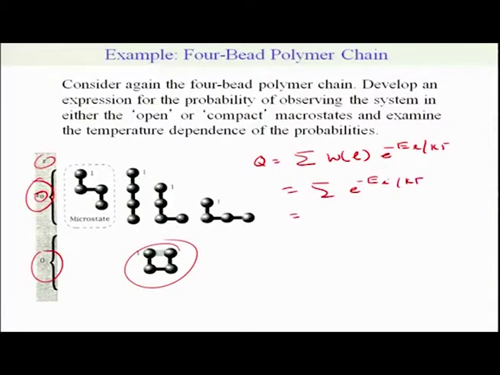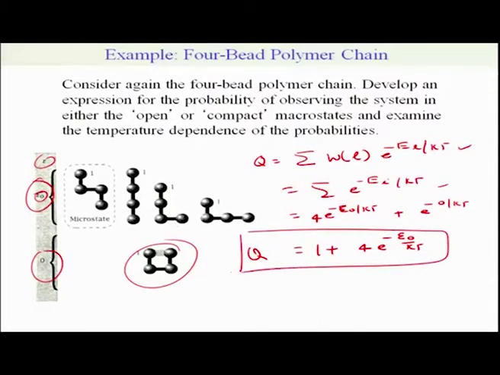So, here it is going to be e to the power minus epsilon 0 by kT, because there are 4 of them, it becomes 4, plus e to the power minus 0 by kT for the case of ground 0. So, that means we have Q is 1 plus 4 e to the power minus epsilon 0 by kT. You can use it either this way or the other way, both will yield the same expression.